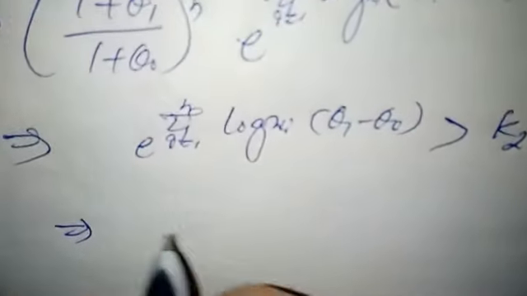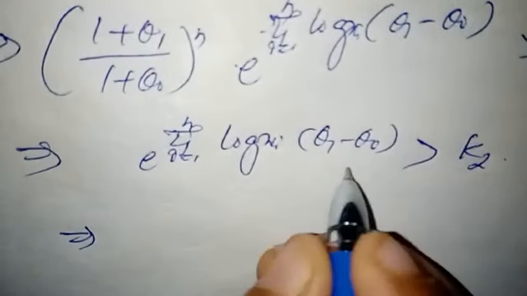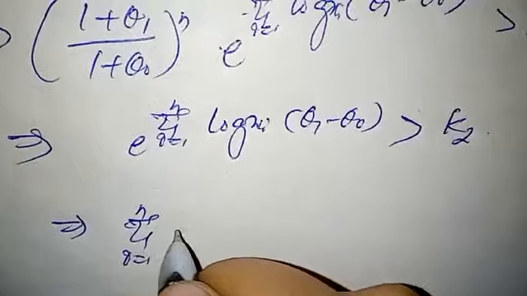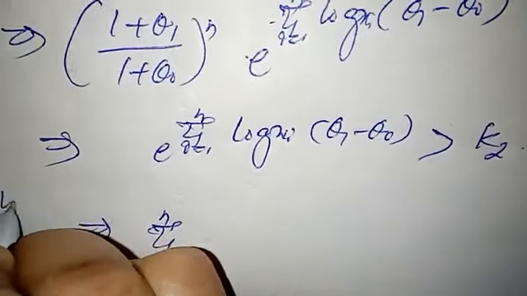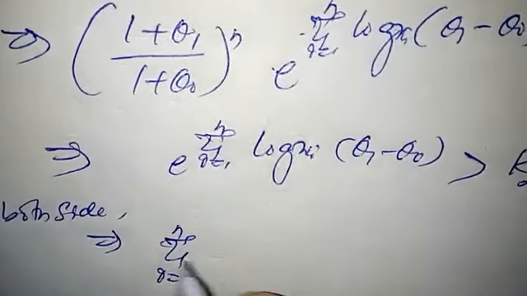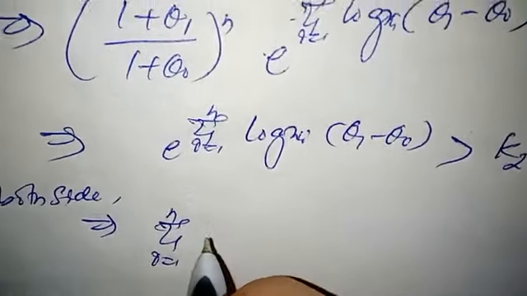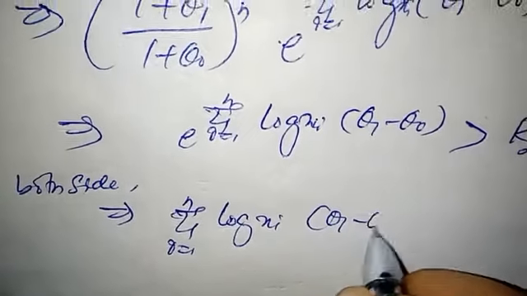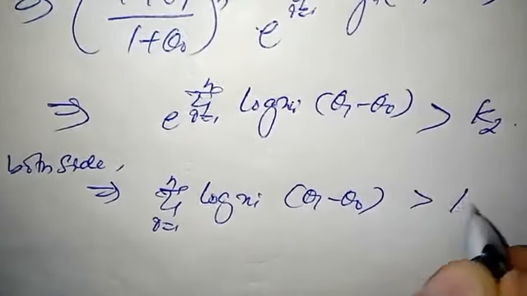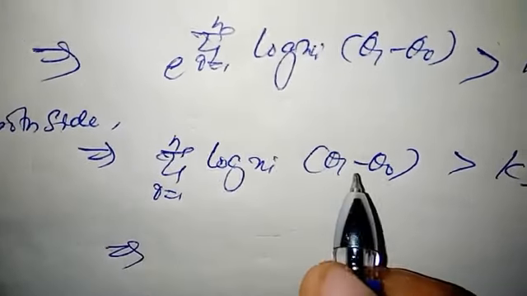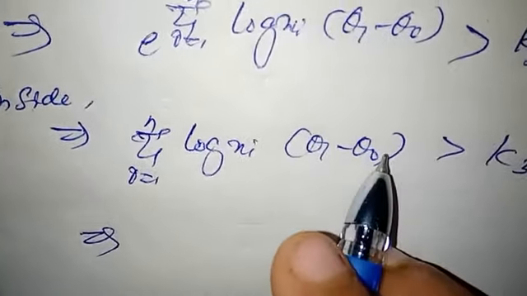Which implies here we will take the log. Take log on both sides, then we get summation i = 1 to n log xi (θ1 − θ0) is greater than k3. Here θ1 is greater than θ0, so this is a positive term.